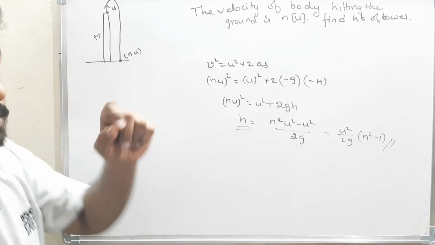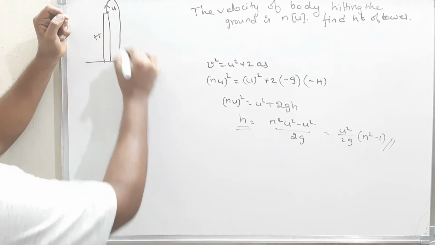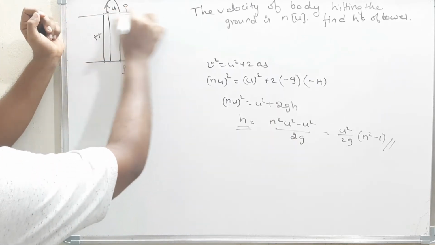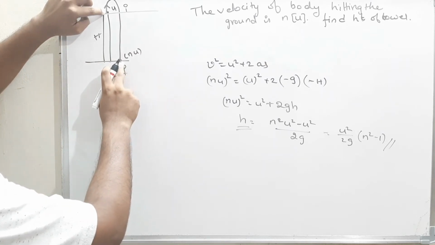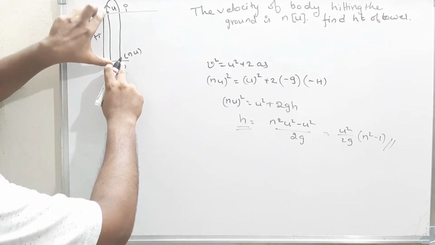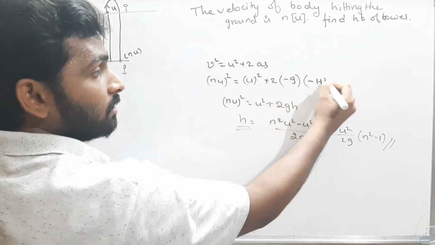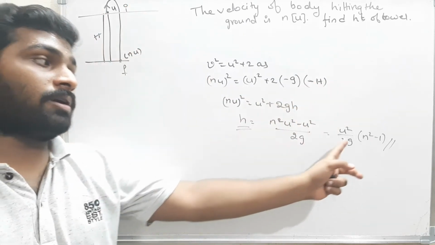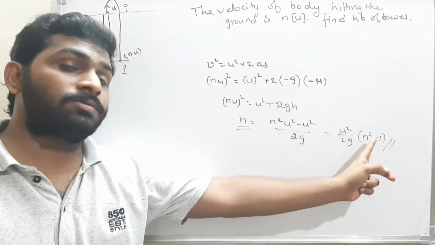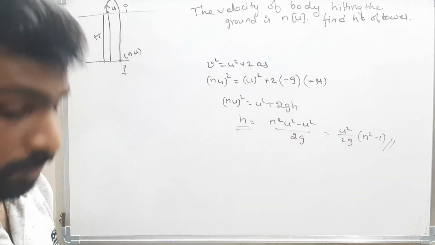And what is the displacement? This is the final position and this is the initial position, and this is the reference line. The displacement is below the reference line, therefore I am taking it as minus h. Therefore the height of the tower I finally got as u square by 2g into n square minus 1. Okay, now we will see one more problem.